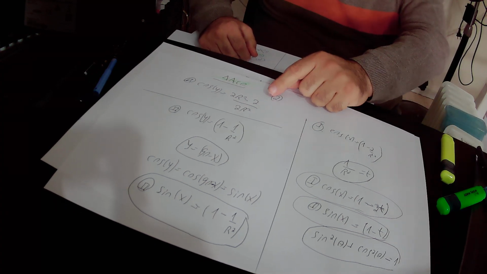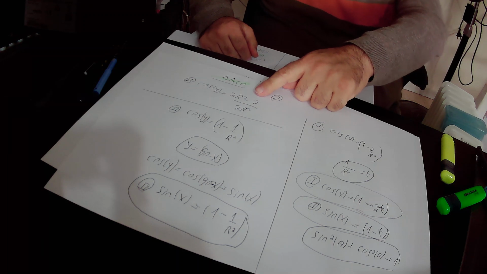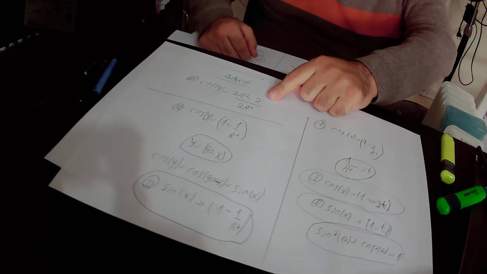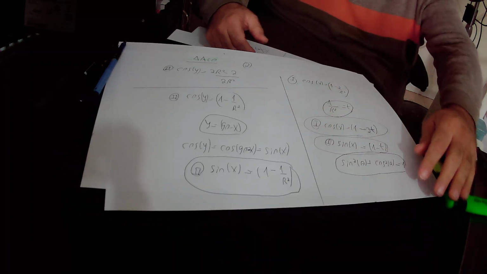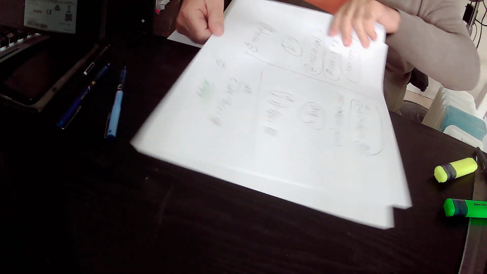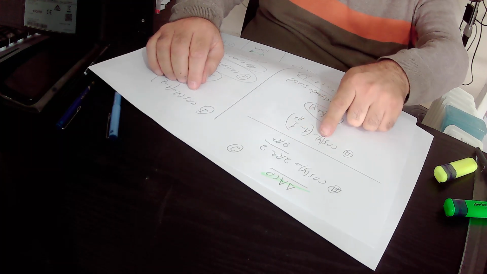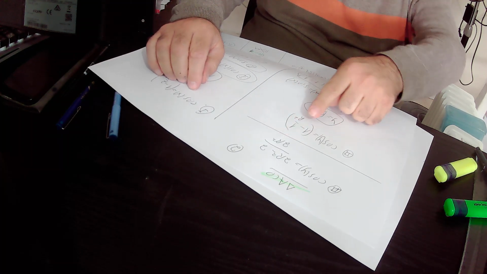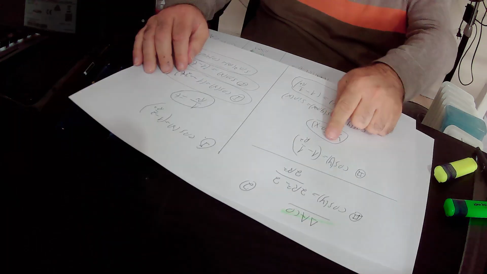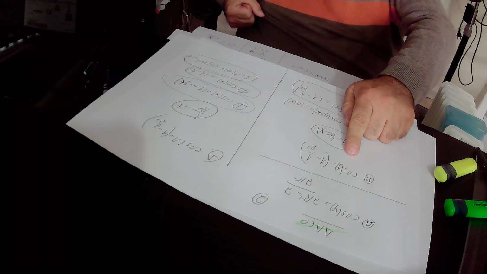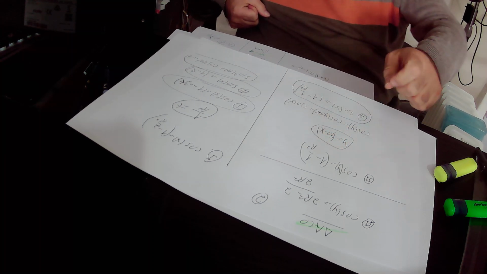So here 2r squared over 2r squared is 1, and 4 over 2r squared is 2 over r squared. So in conclusion, according to equation number 2, cosine y equals 1 minus 2 over r squared.